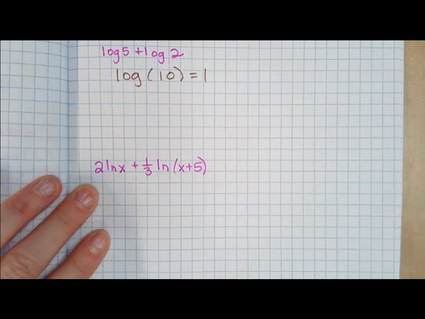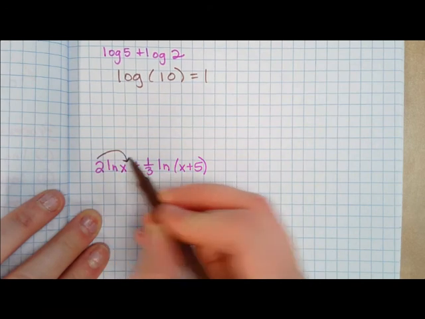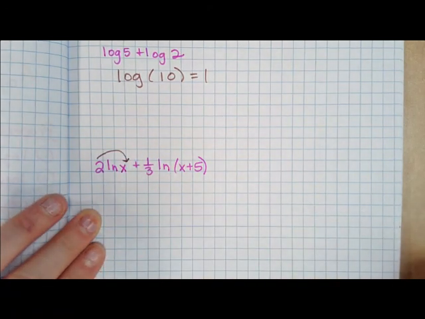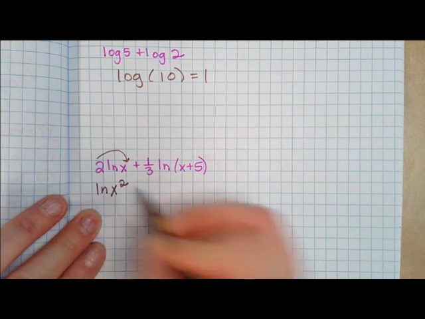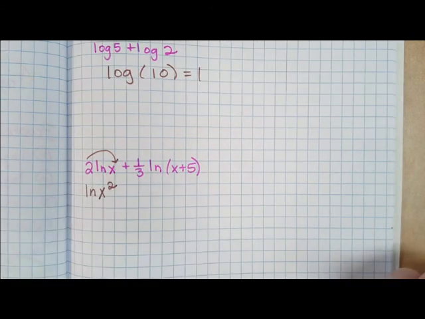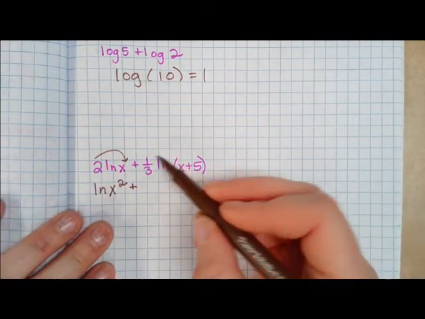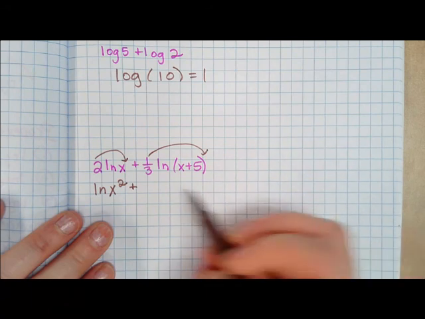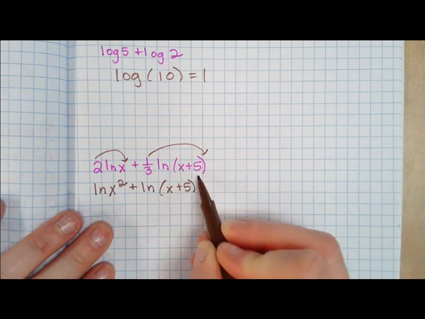How can we rewrite that? We can take this up to the exponent. Remember that? We're going the opposite. So it'd be ln x squared plus, we can take this up to the exponent, ln of x plus 5 to the 1/3.